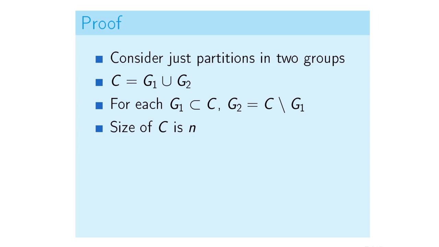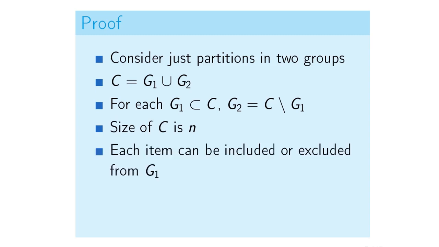So now, the size of the set of all children is n, and if we want to compute the number of possible groups G1, then we should note that each item of the set, or each child, can be either included or excluded from the group G1. So there can be 2 to the power of n different groups G1.